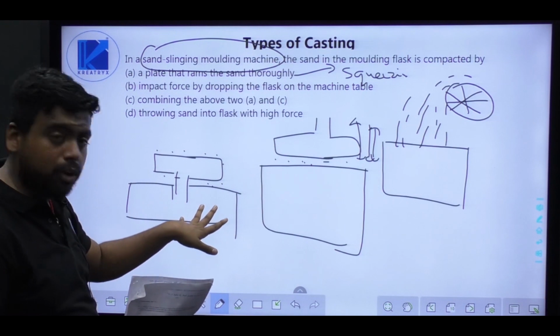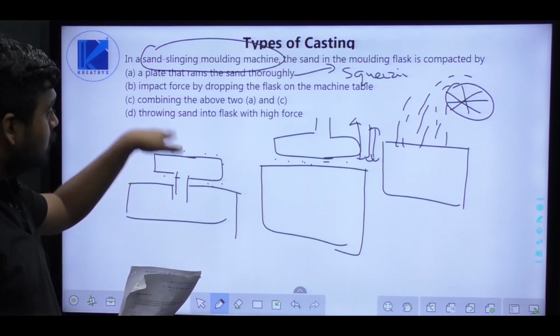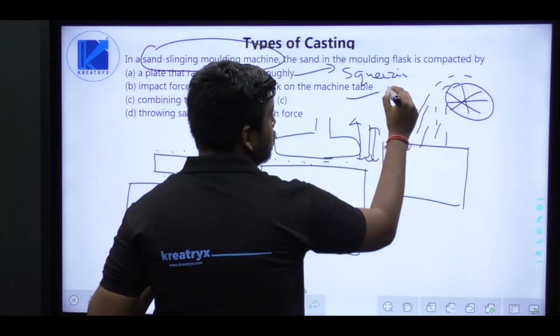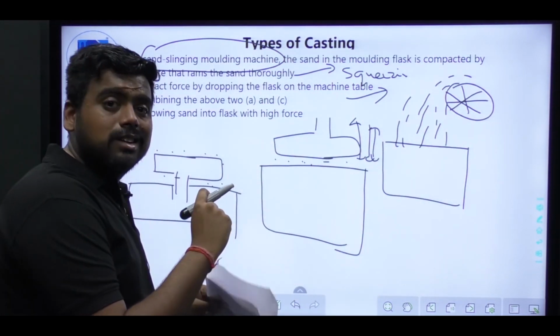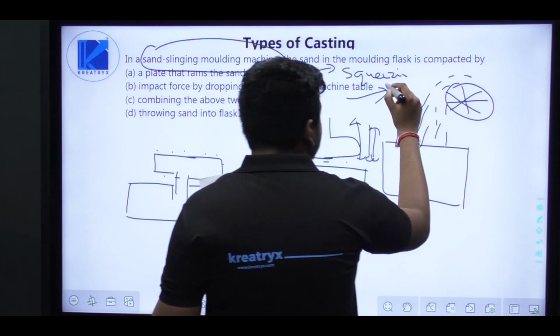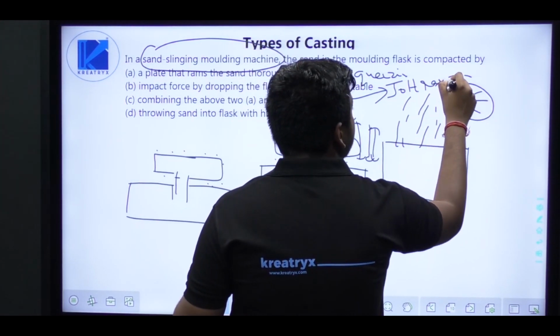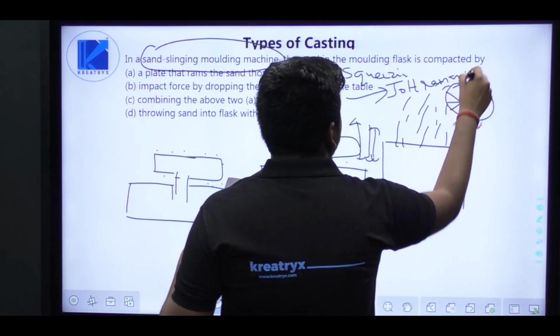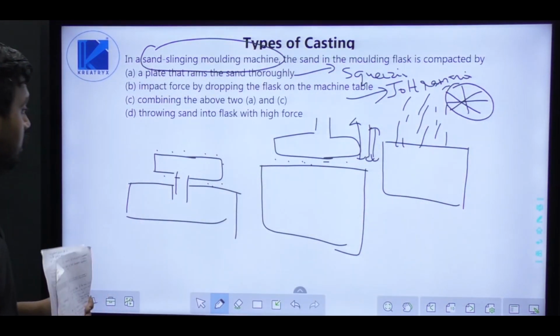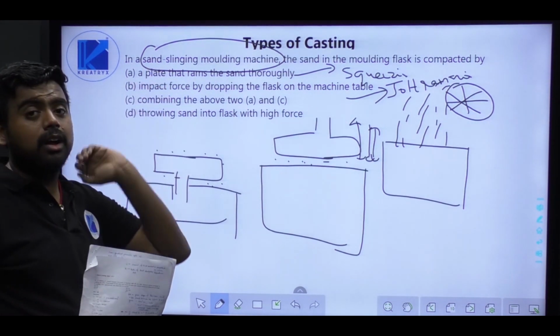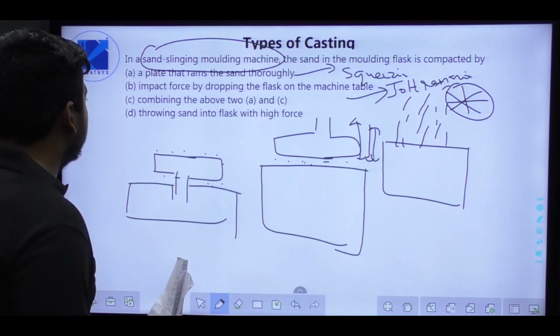The flask is dropped down on the table and the sand gets compacted, and this operation is not sand slinging, this is another operation which is termed as jolt ramming. So this is squeezing, this is jolt ramming, and these two are different machine molding operations.